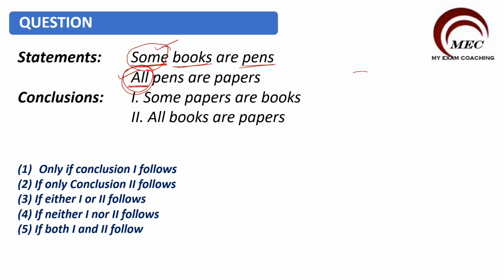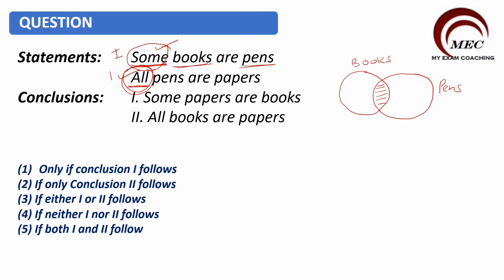This is my books and this is my pen. So what I have done: all books are not pens. Some part of the books are pens. This is statement 1.